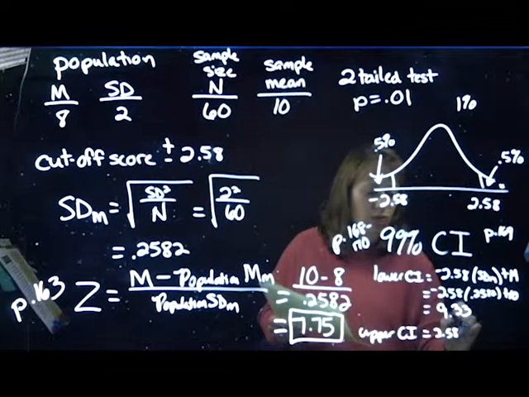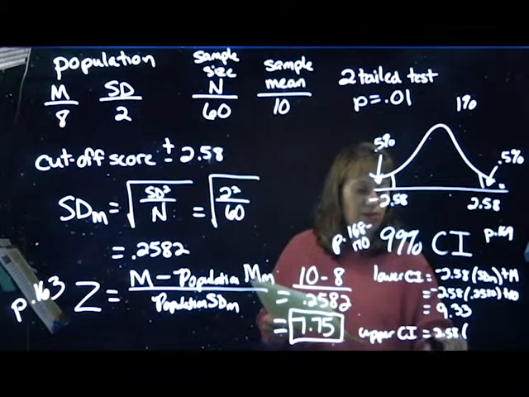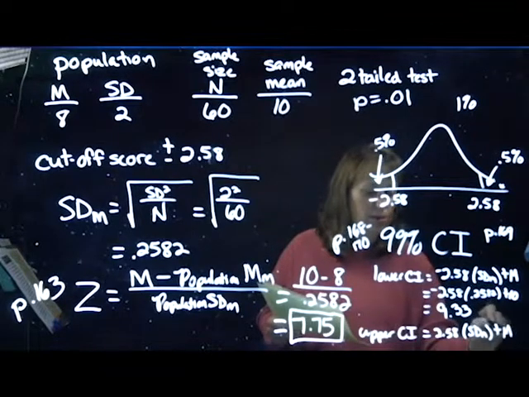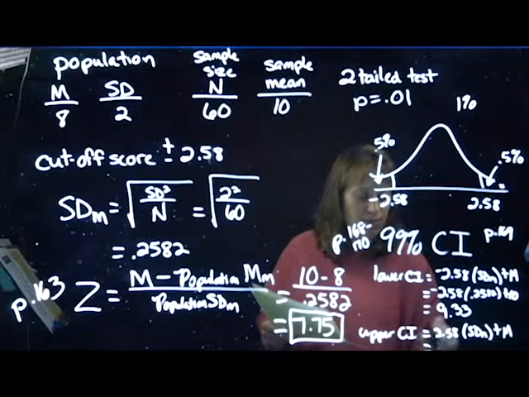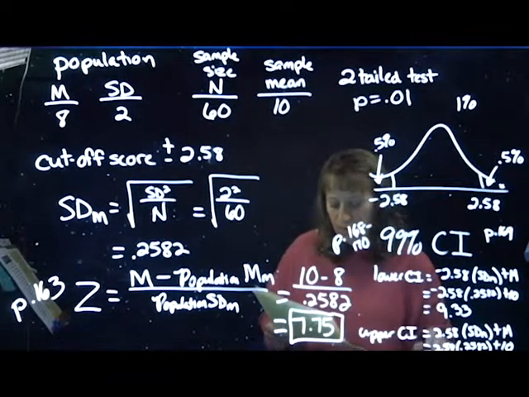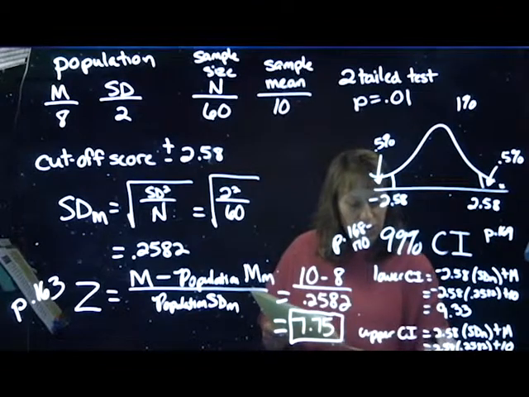So again, we're taking our positive 2.58 times our standard deviation of the distribution of means plus our mean. So that is simply 2.58 times 0.2582 plus our sample mean, which is 10, and this gives us a value of 10.67.